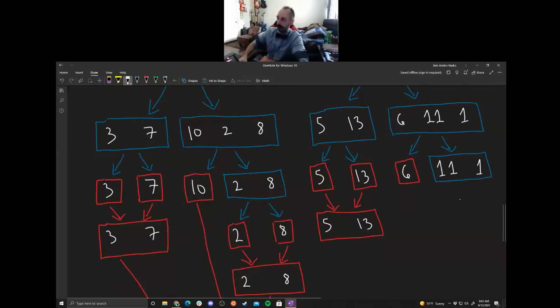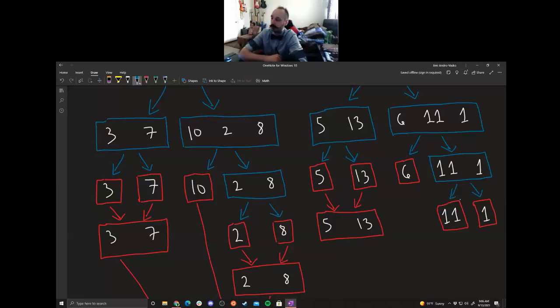So we're going to have 11 and then 1. We have these two lists. They'll both be size 1, which means that they're both sorted. And now we're going to merge these two lists together to create 1 and 11.